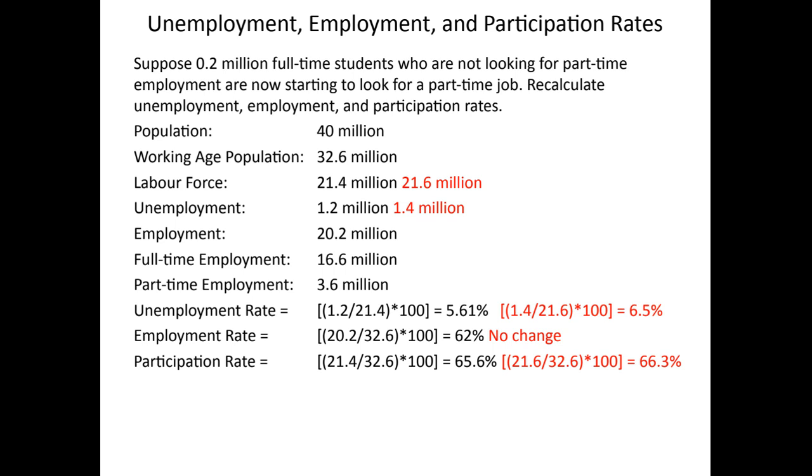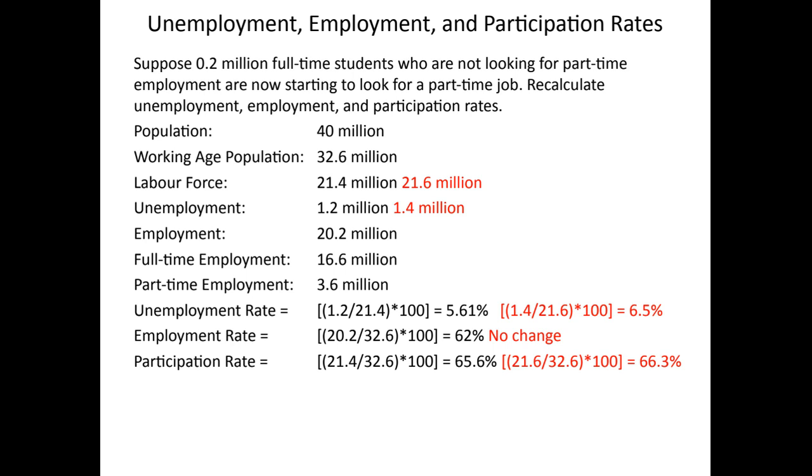They were full-time students. But suppose that these 0.2 million full-time students who are not looking for part-time employment are now starting to look for a part-time job. What would happen? It means that these 0.2 million full-time students are now moving from the not in labor force category to the labor force category, because now they are actively looking for employment, though part-time.